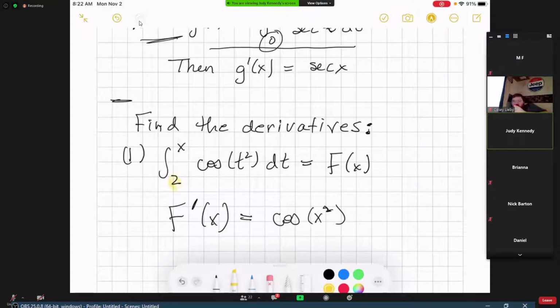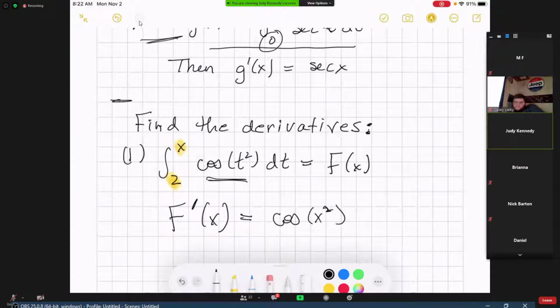Okay, so this number must be constant and your variable must be at the top. That must be the case before you can use part 1 of the fundamental theorem and conclude that f prime of x is indeed cosine of x squared. So basically, it's just this function in here, only you want your variable to be x now.